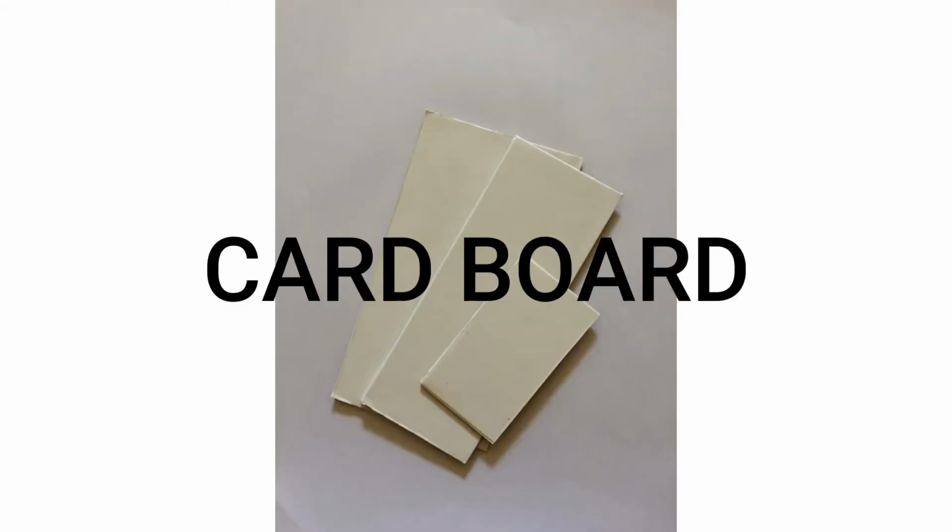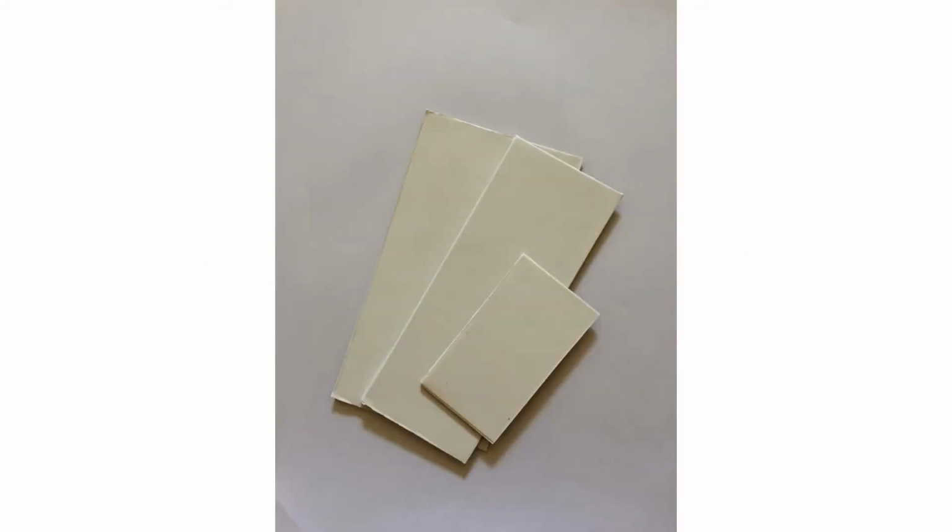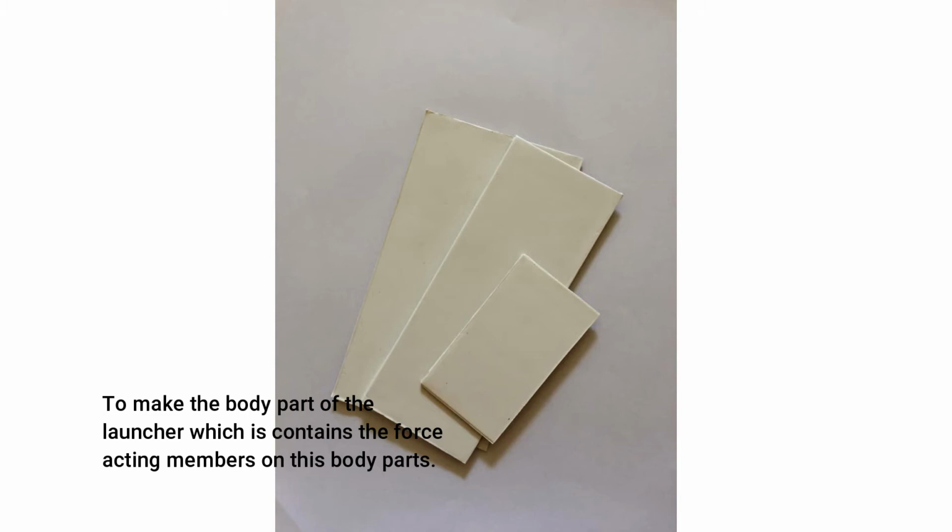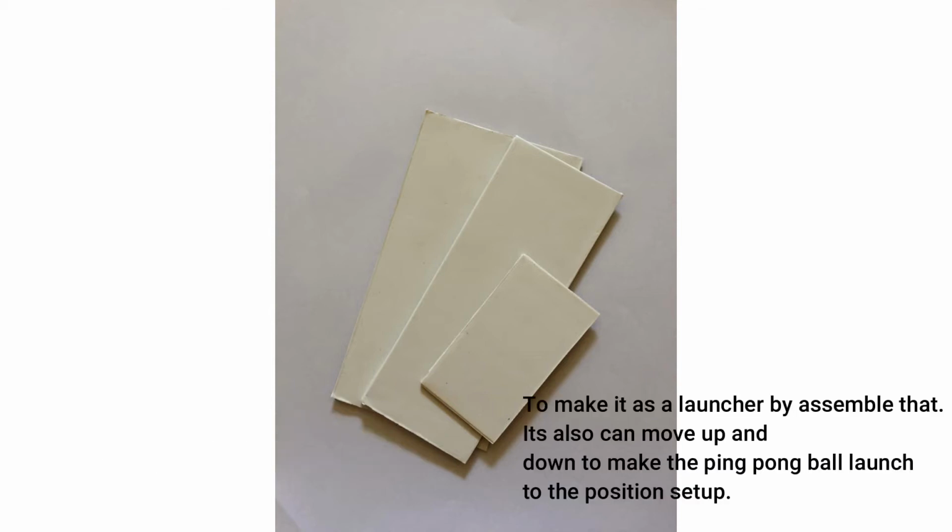Next, cardboard. It makes the body part of the launcher, which contains the first active member. It is assembled so that the launcher can move up and down to launch the ping pong ball to the set-up position.